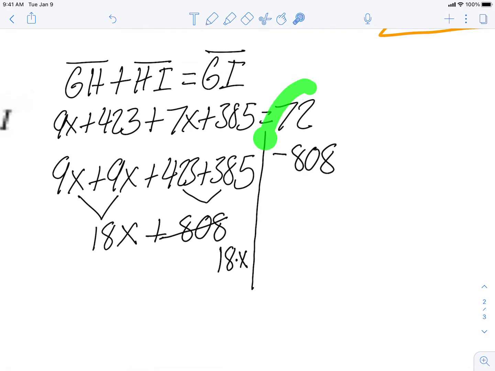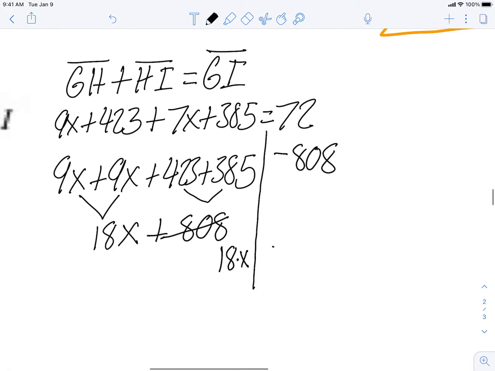Now, this 72 and this minus 808 is different signs. So I got to subtract 808 minus 72 is equal to 736. 736. And it's going to be a negative because 808 is bigger and 808 is a negative.